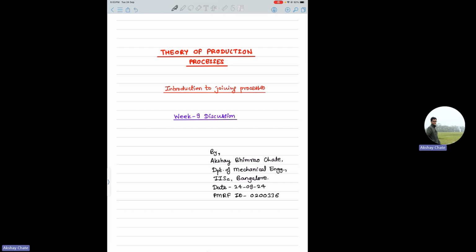If you look at the assignment for this week 9, there are not many numericals, because this is an introduction class, so it is basic stuff you're supposed to know about joining processes, and that's what we'll predominantly talk about today.